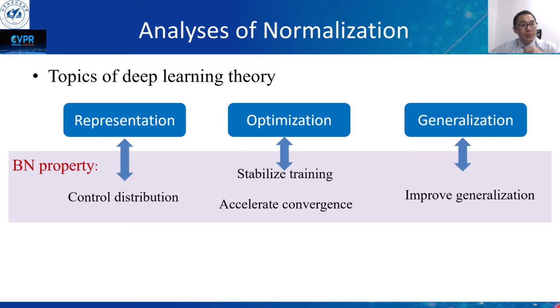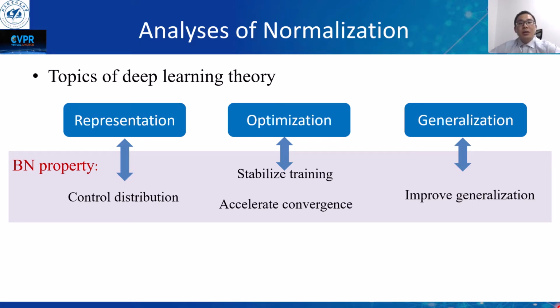The model representation mainly covers quantitatively measuring the complexity of deep models, and theoretically characterizing how the depth of deep neural networks benefits the representation capacity compared to the width, and so on. Optimization mainly researches, given a model and the optimization algorithm, whether a stationary point can be obtained or how fast the optimization algorithm arrives at the stationary point.